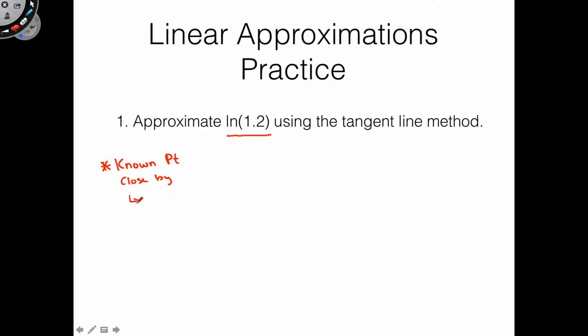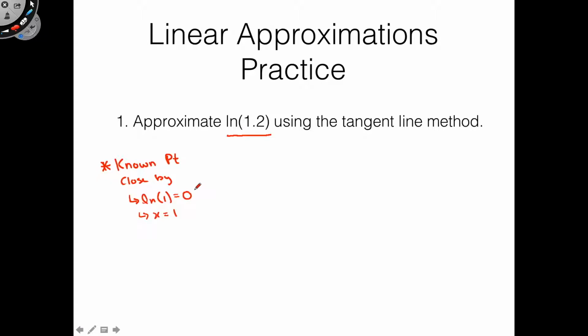We know that the natural log of 1 is 0. So we can use that as a good reference point, and therefore we're going to use x equals 1 as our known value. That's where we're going to start from.